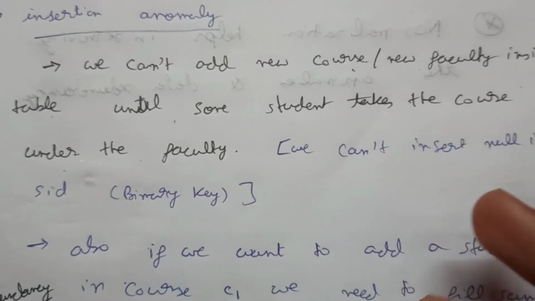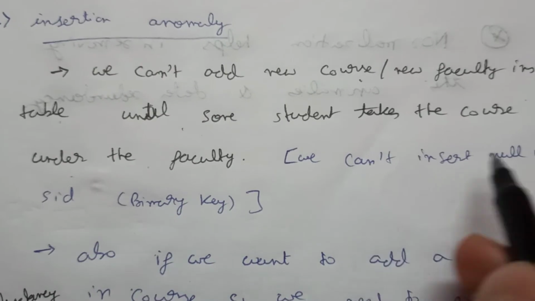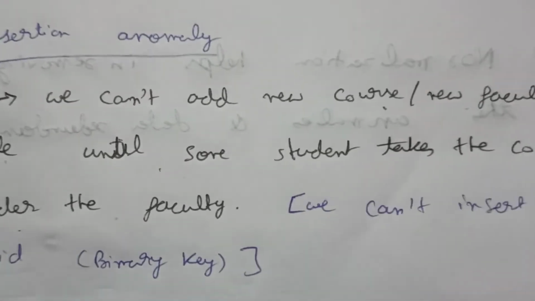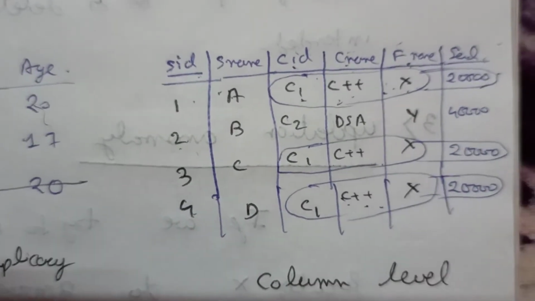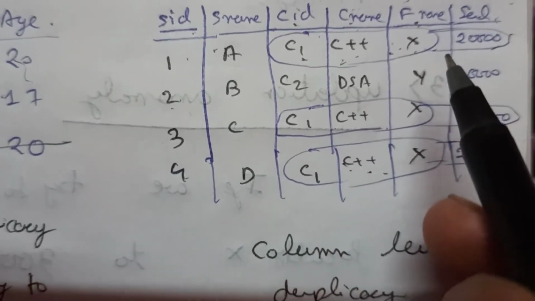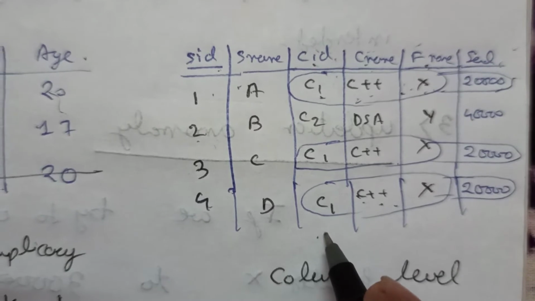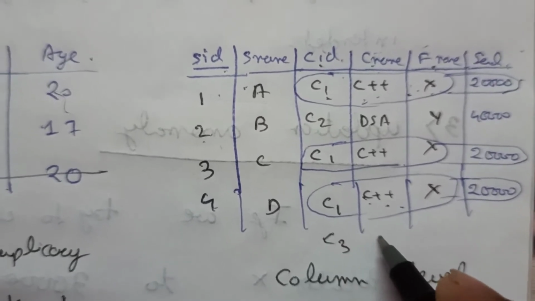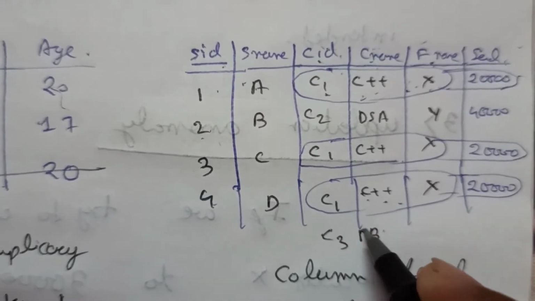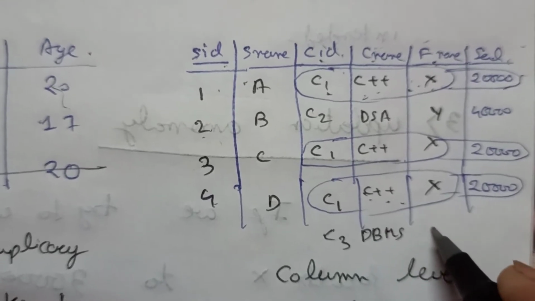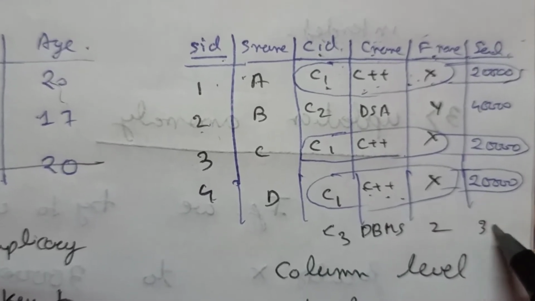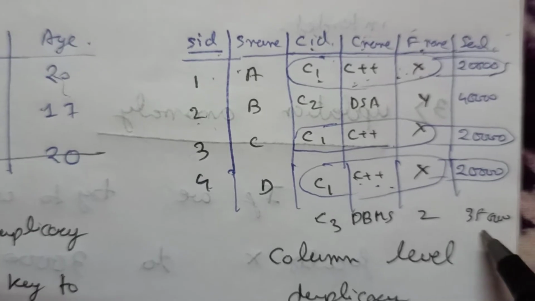We cannot just insert null values because SID is primary key. Suppose we want to add a course in our curriculum, or add another faculty in our college. We will add the course ID, suppose C3, and the course name, suppose DBMS, and faculty Z will teach this and he will have salary 35,000.